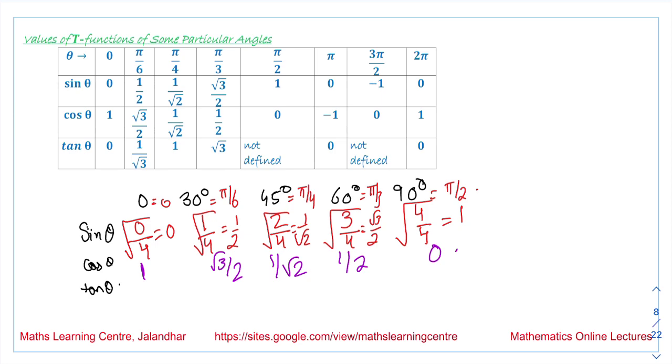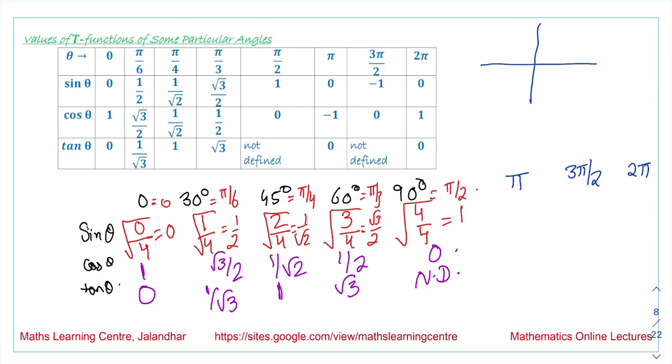Then we divide these values, we get the answer 0, 1 by root 3, 1, root 3 and this value is not defined. Now suppose we are calculating the value of the angle at pi. The next values we are calculating correspond to pi, then 3 pi by 2, and then 2 pi. The answers we will have, we are talking about these.